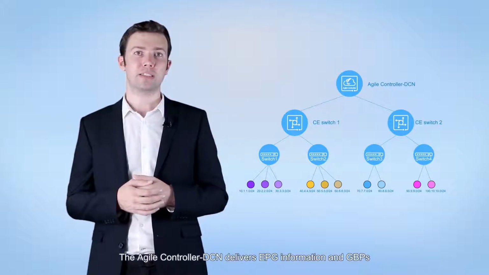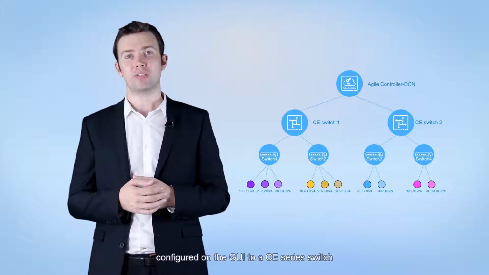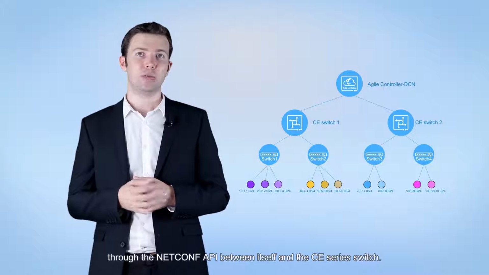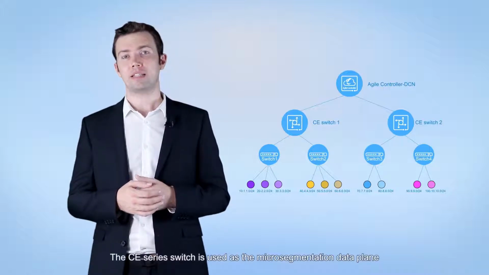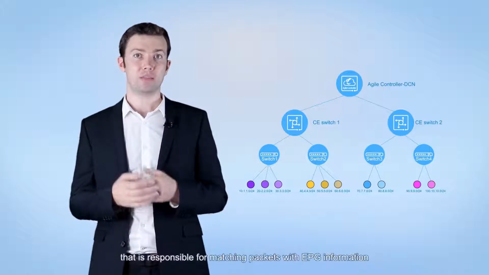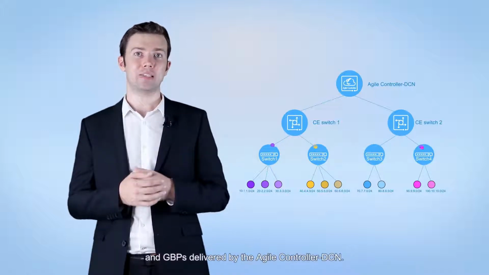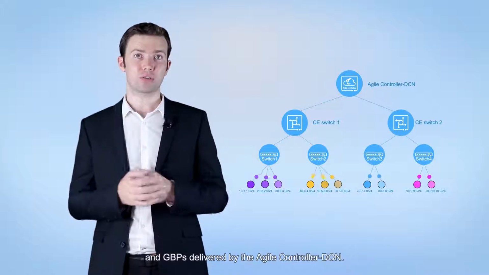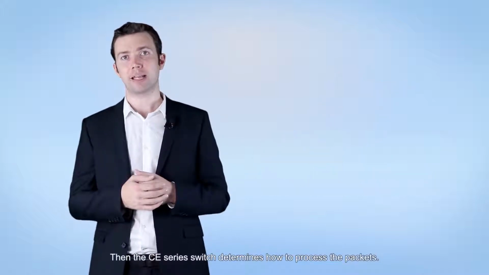The Agile Controller DCN delivers EPG information and GBPs configured on the GUI to a CE series switch through the netconf API between itself and the CE series switch. Second, the CE series switch is used as the microsegmentation data plane that is responsible for matching packets with EPG information and GBPs delivered by the Agile Controller DCN. Then the CE series switch determines how to process the packets.